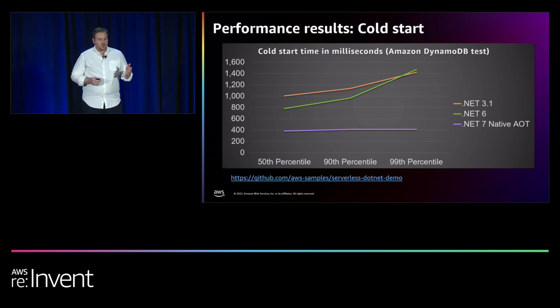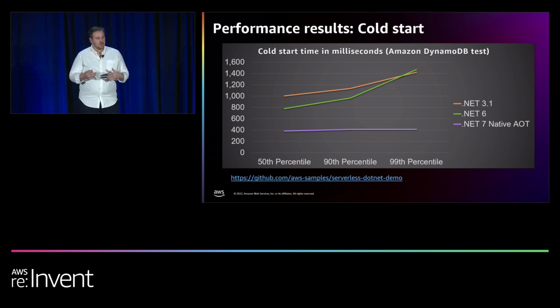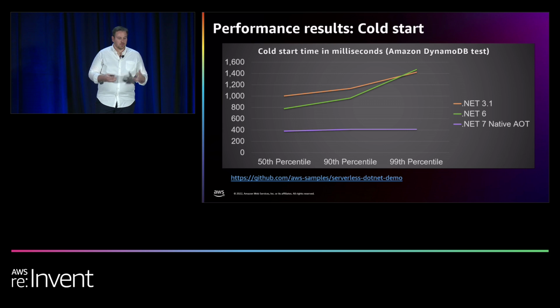But then, interestingly, as we take a higher and higher percentile, so the worst 1% of cold starts on the right, that's where native AOT really shows its consistency, because it's not doing that JIT at runtime and not dependent on more work happening. It's just consistently ready to go from the beginning.